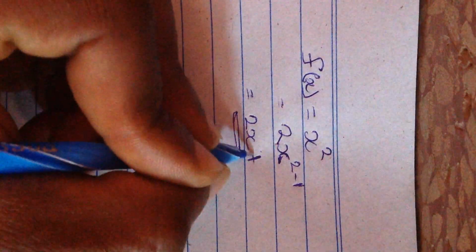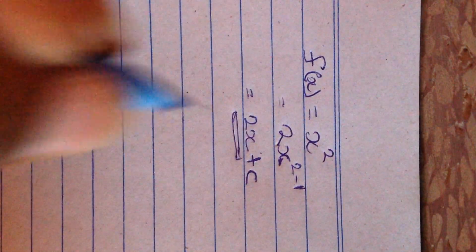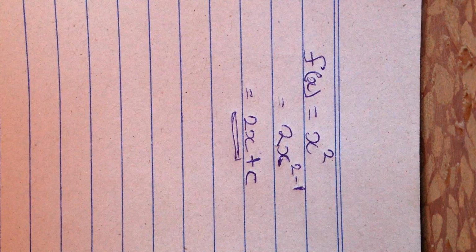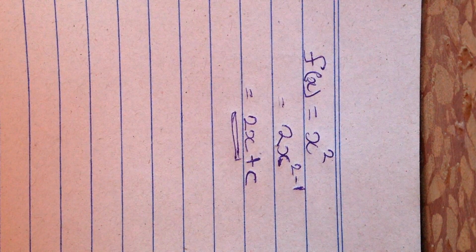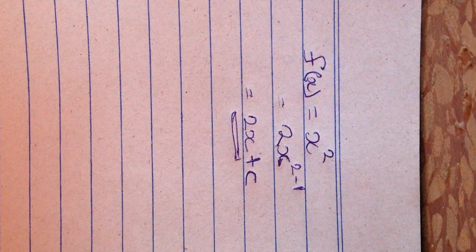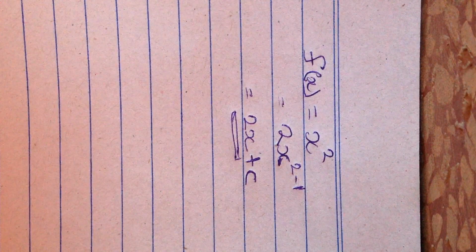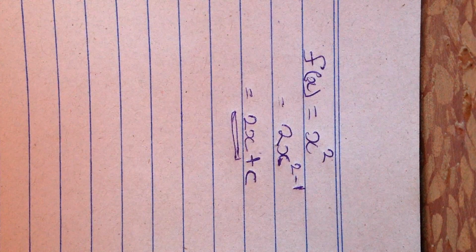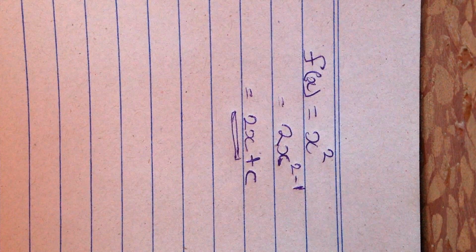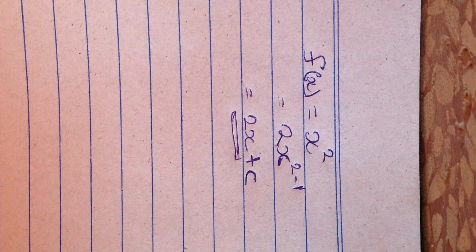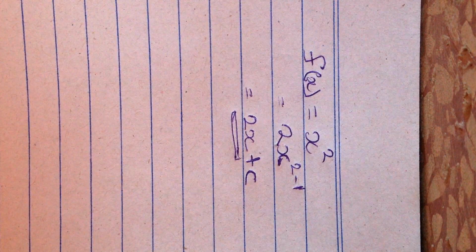Don't forget your constant. We do put a constant if you are not evaluating, if you're not finding anything, that's where the constant comes in. Here we're just differentiating. So once you are differentiating, you always have to put the constant.